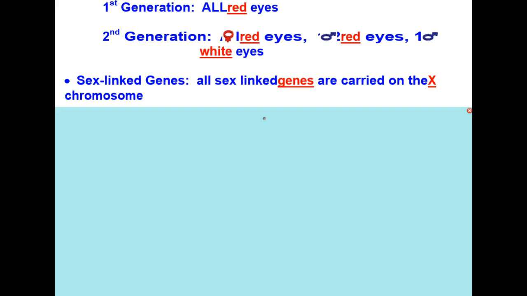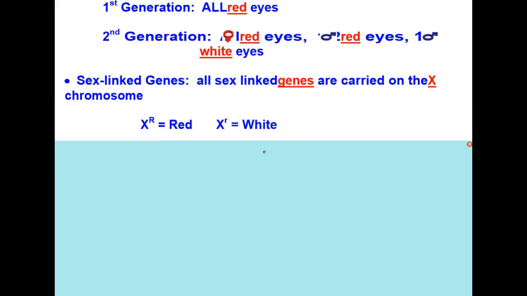So, in this particular case, the gene for eye color and dominant being red, so we would say the X chromosome carrying the sex-linked gene for red eye color, since red is dominant, would be a superscript R. So we give the X chromosome a superscript R for red eye color, and we give it a lowercase r for white eye color.